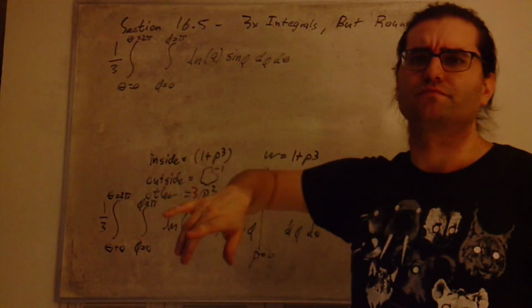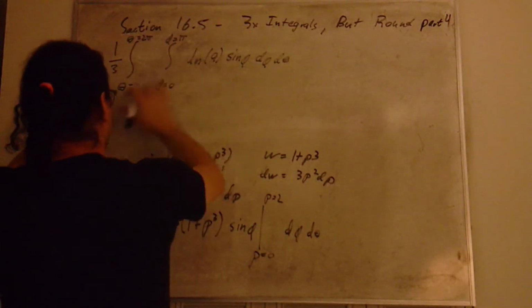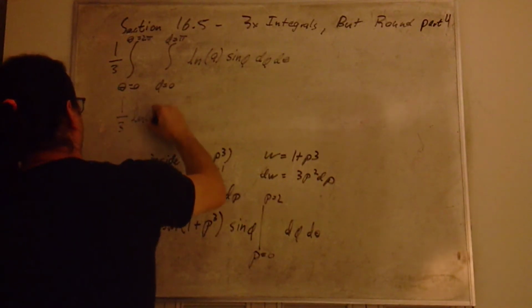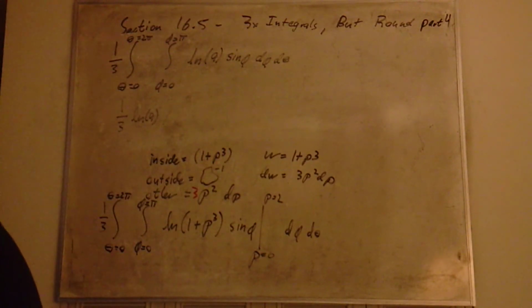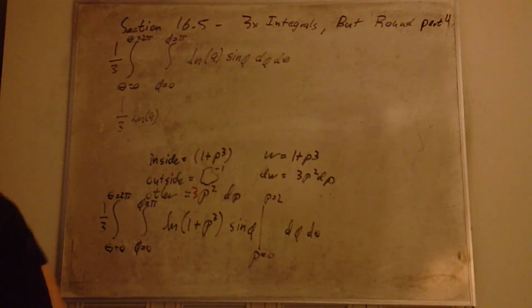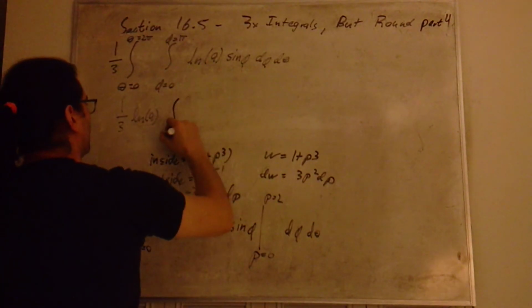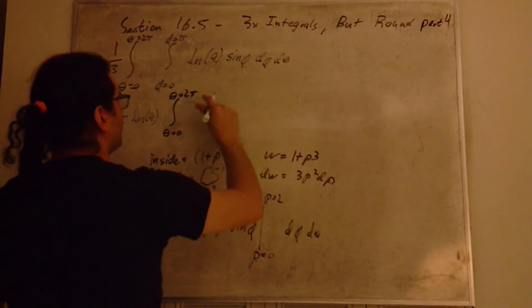So, why don't I just do it on this one? I'm going to bring the natural log to the outside. 1/3 ln 9 on the outside. Integral theta from 0 to 2 pi.